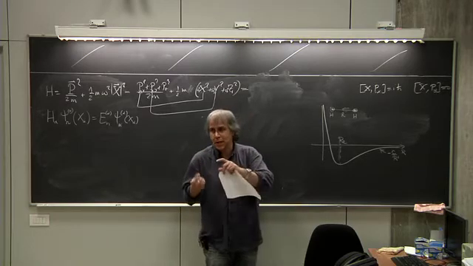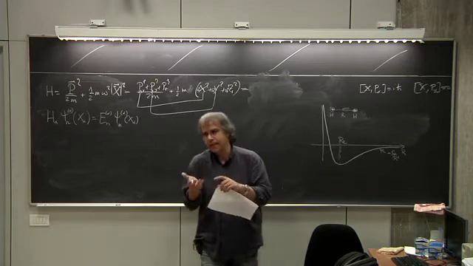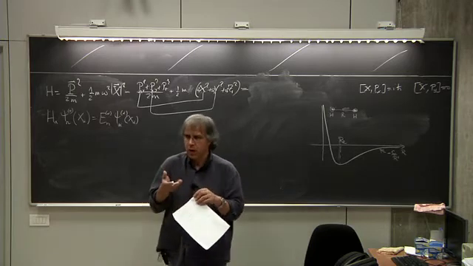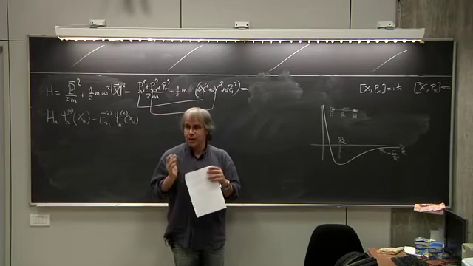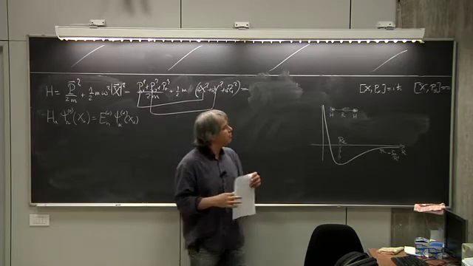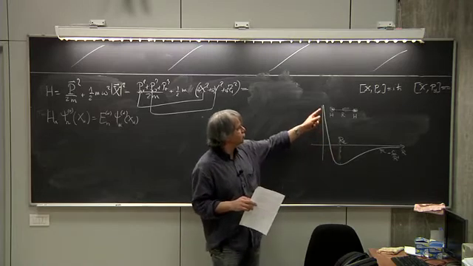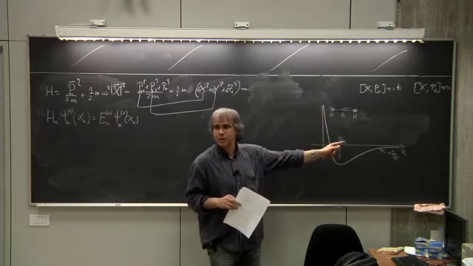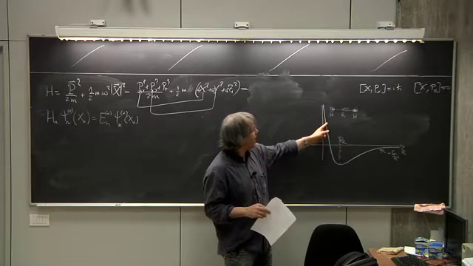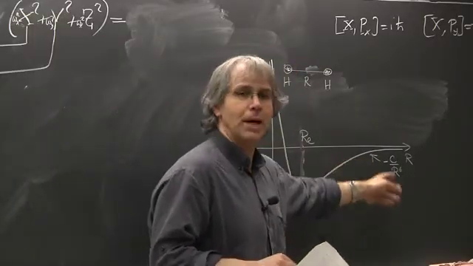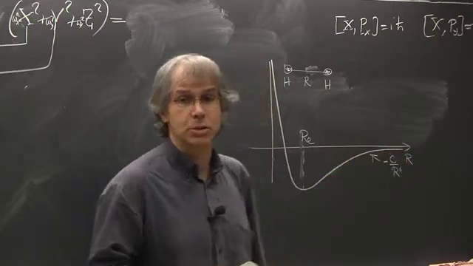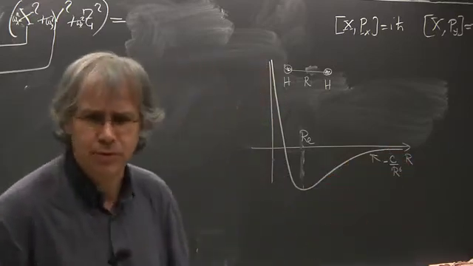We have 2 protons, 2 electrons, a few-body problem, but accurate calculations are not trivial. Sometimes people approximate this with the so-called Lennard-Jones potential, which has a 1 over R to the 12 repulsion here, and minus 1 over R to the 6 attraction at large distances. But there are other forms.